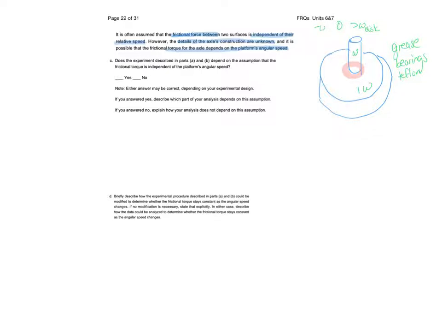But the question is, did the experiment depend on this? What assumption are we making in this particular case? I would steer us back and say, let's look at the equation we used to begin with.